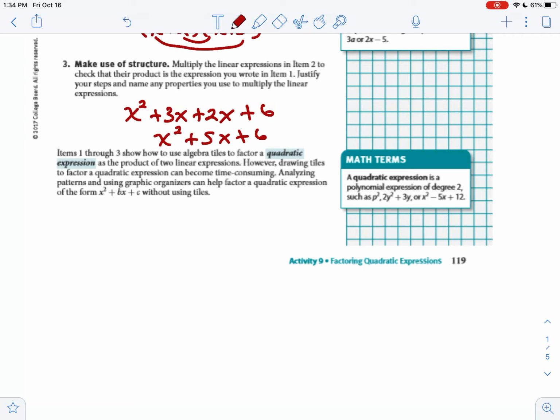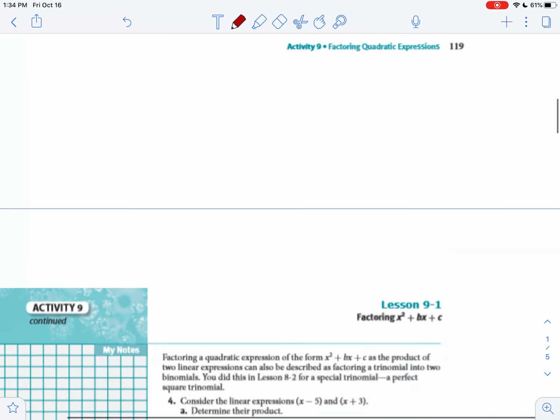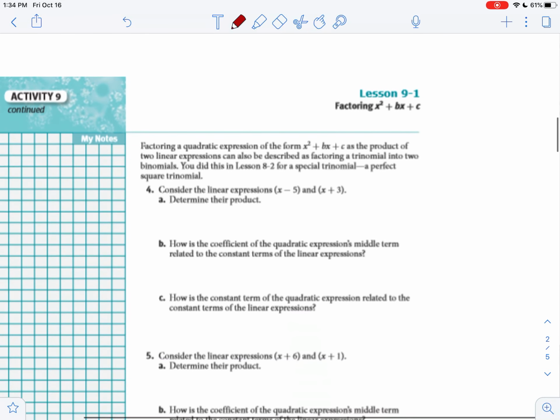So items 1 through 3 show how to use algebra tiles to factor a quadratic expression. However, drawing tiles to factor quadratic expressions can become time-consuming. So we're going to look at some patterns instead.